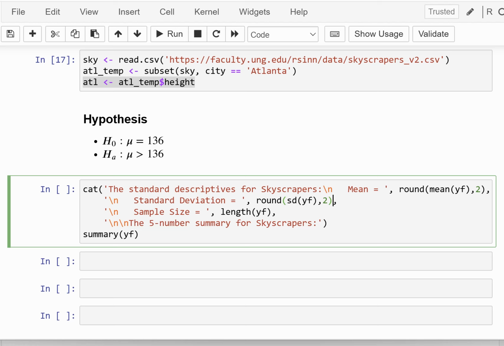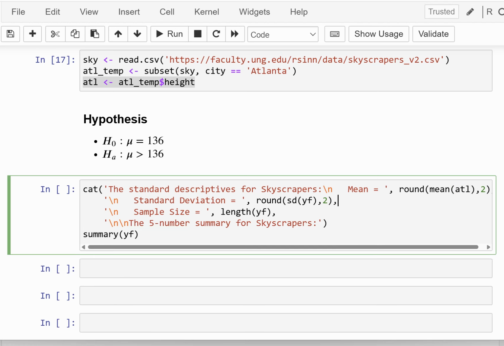I want to do ATL, right? I'm trying to get up to the top here to get the ATL. Switch from young females to ATL there, and ATL there.